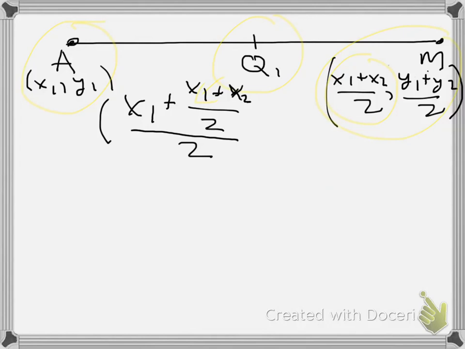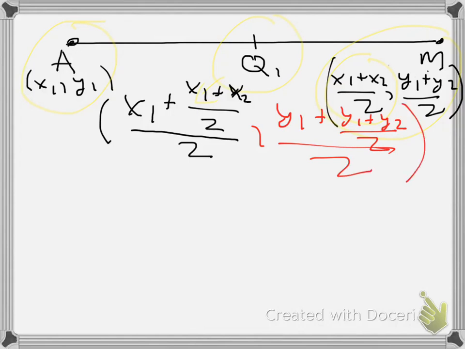So I'm going to leave the y's up to you to do for the sake of time and space. But then the y's are going to look the same. y1 plus y2 divided by 2, all divided by 2. So that's what the y's are going to look like. But we're only going to work with the x's for the sake of space.